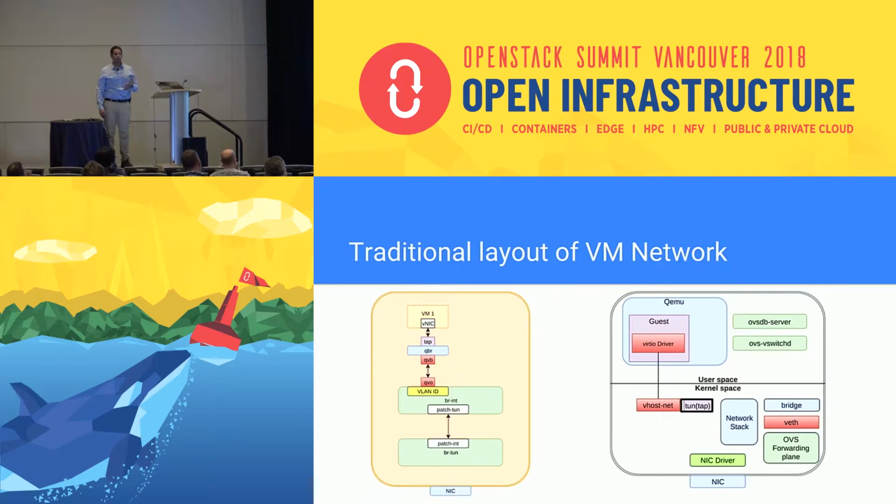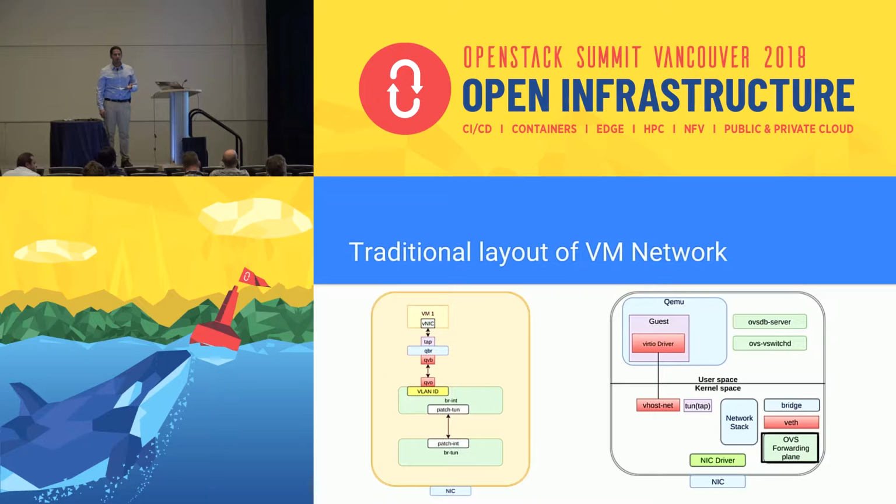Then the iptables rules have to be applied, and that's where the network stack Netfilter has to be involved. Your tap device is also connected to a QBR Linux bridge, and that's where the bridging module has to be involved as well. Out of that, you reach the veth pair, QVB and QVO, and that's where the veth module is involved. And out of that, you reach the integration and tunneling bridges, which are an OVS forwarding plane.